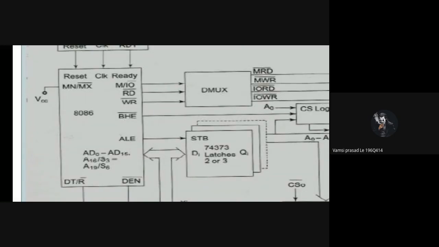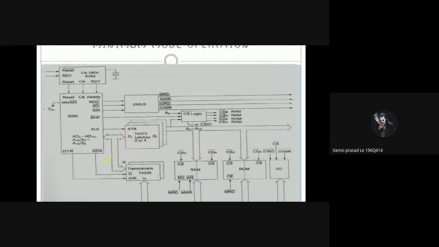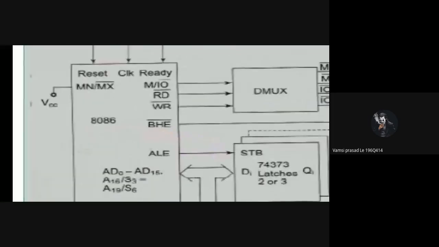As we are talking about minimum mode operations, in order to make the microprocessor operate in minimum mode, we need to set the minimum maximum pin, which is connected to VCC. Here you can see that the minimum maximum pin is connected to VCC. This pin must be strapped to logic 1.